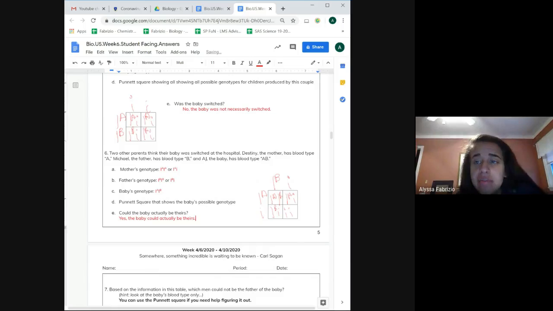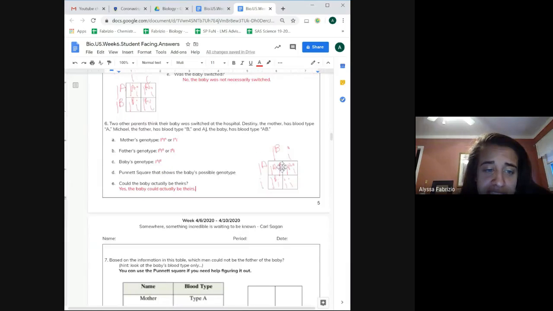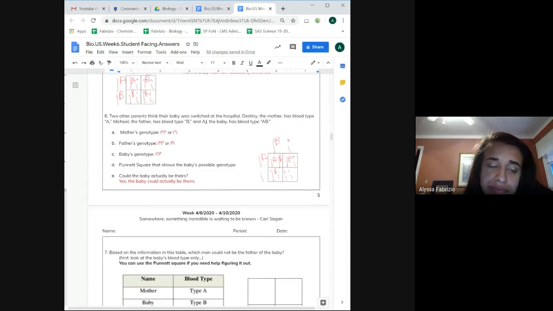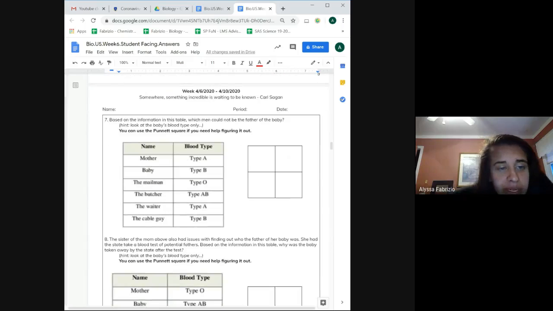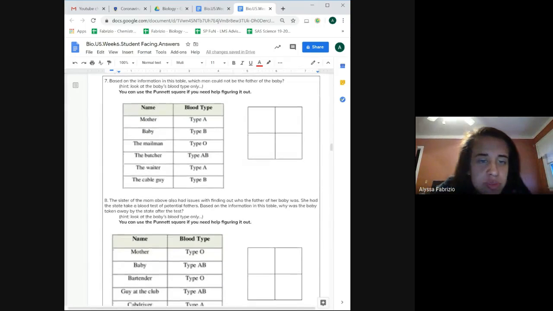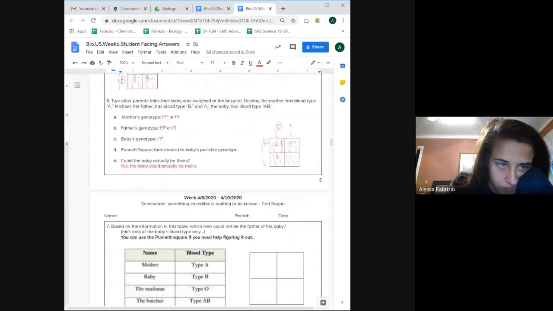The baby could actually be theirs because mom can donate one of her alleles, and even if both are heterozygous, there's still a 25% chance that they have a baby that has AB blood. So it is potential that the baby could still be theirs. There is a possibility. Okay, so based on the information in this table, which man could not be the father of the baby?